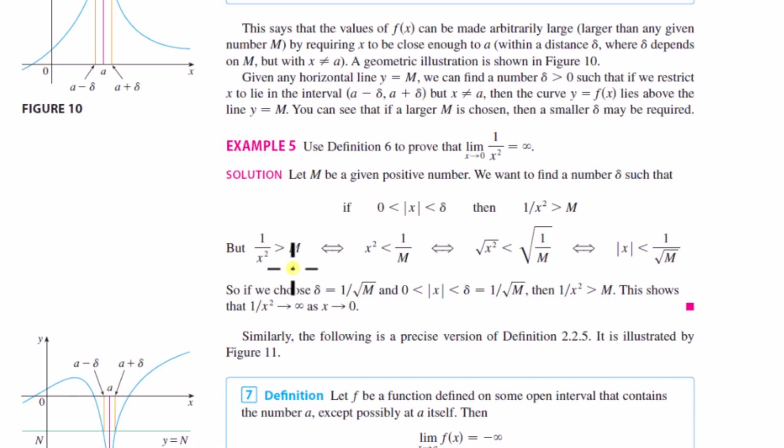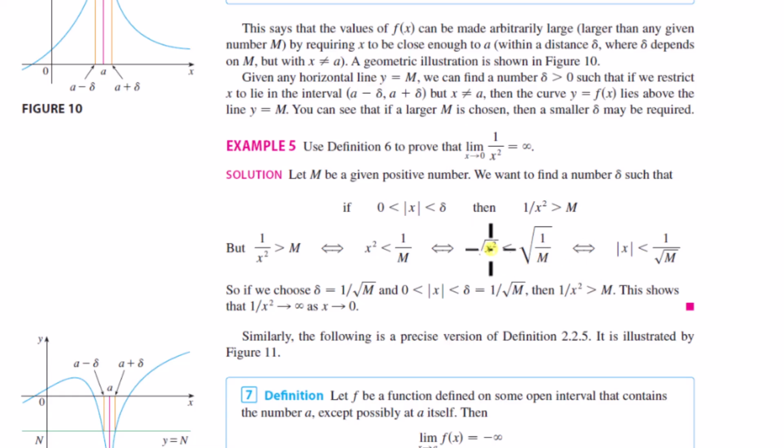So they start by taking the reciprocal of both sides of this inequality, which we don't have to worry about complications here since 1 over x squared and M are always positive. So they take the reciprocal, but then they flip the inequality as well. All right, now they can take the principal square root of both sides. Again, both sides are always positive.